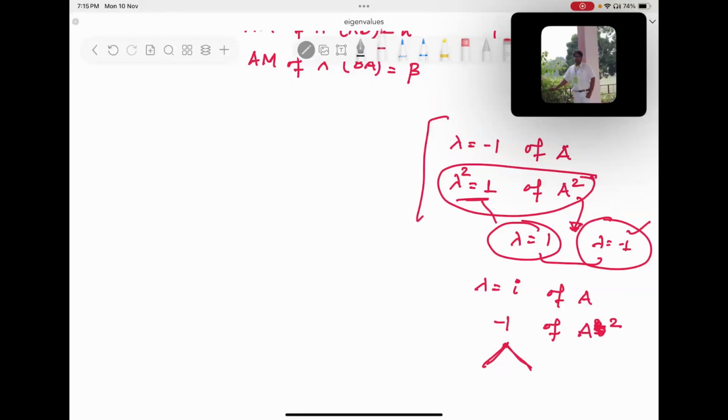So one will be an eigenvalue of A square, but this one will be left. So one of them will be there, of course, but you can't say which one. That totally depends on the matrix.